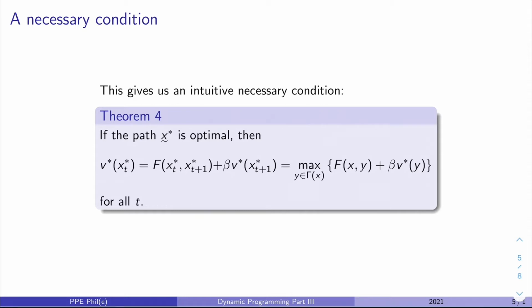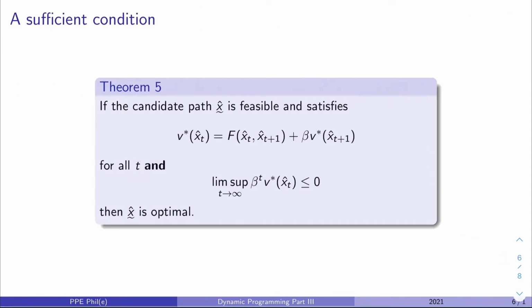Because it's a similar reason, we're also going to need a similar sufficient condition as in the last video. And this is what Stokey and Lucas call theorem 5. They say that if a candidate path, which is a different name for policy, is feasible and satisfies theorem 4, i.e. it does achieve the maximum feasible value, which is the value that the true value function gives us, and it satisfies some growth condition, then this path is really optimal.